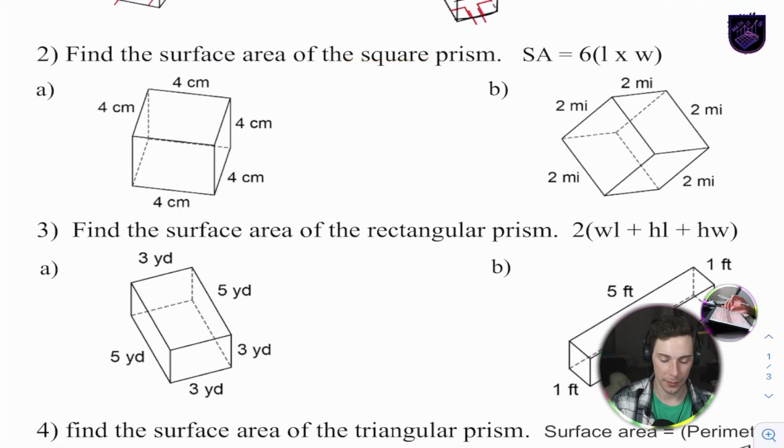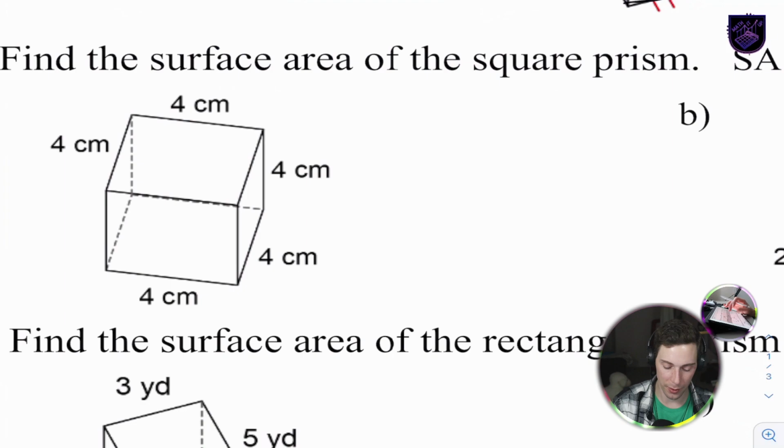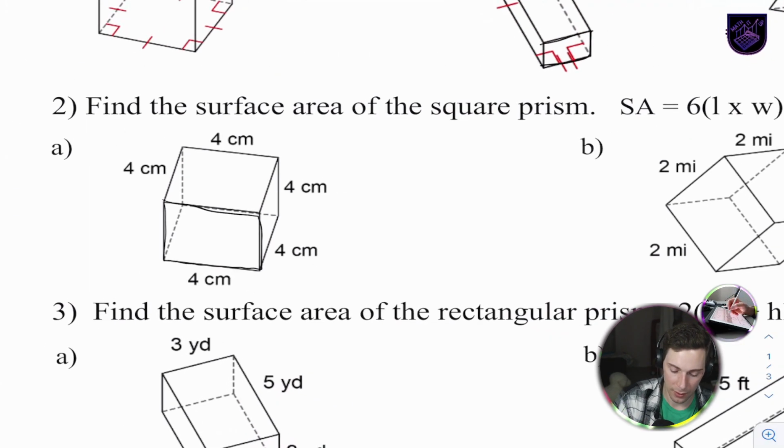So the surface area of a cube is going to be the area of one side, or we could think of it as surface area will be equal to 6 times length times width.